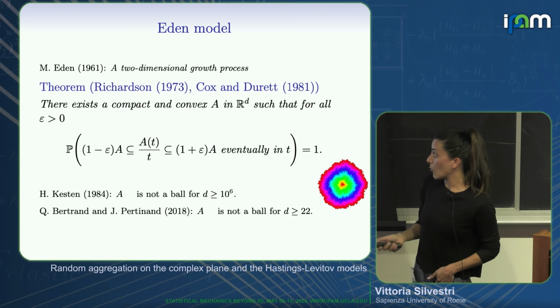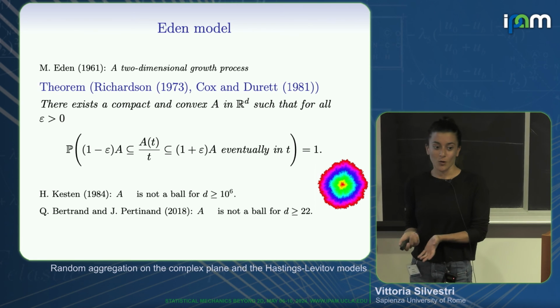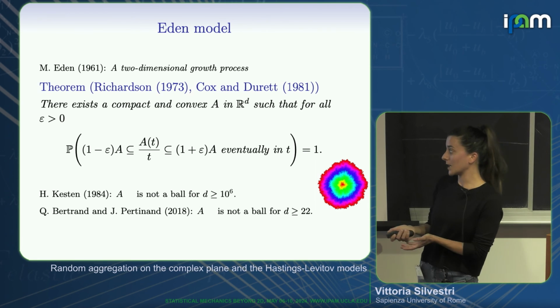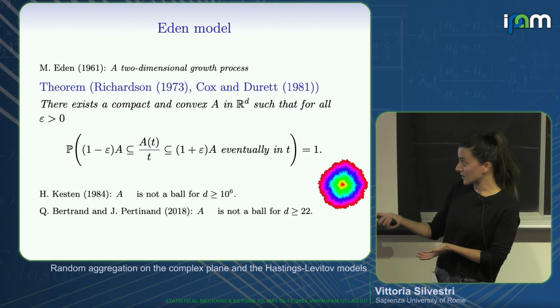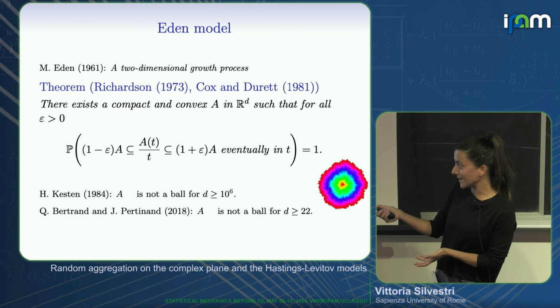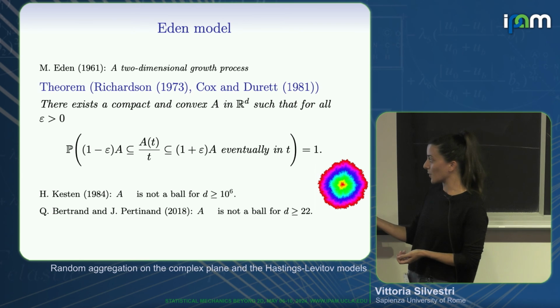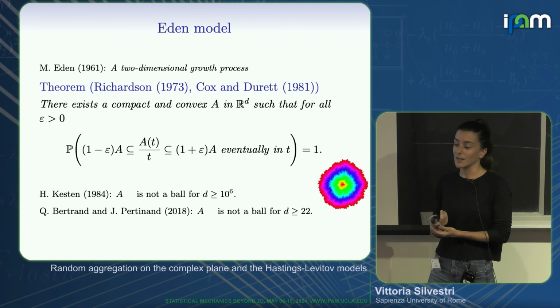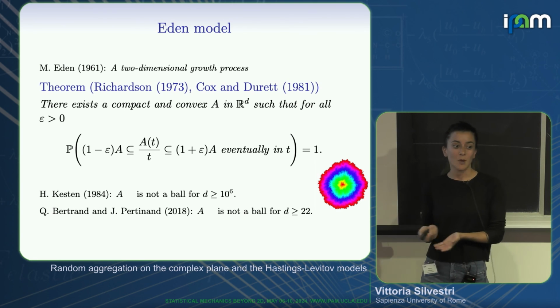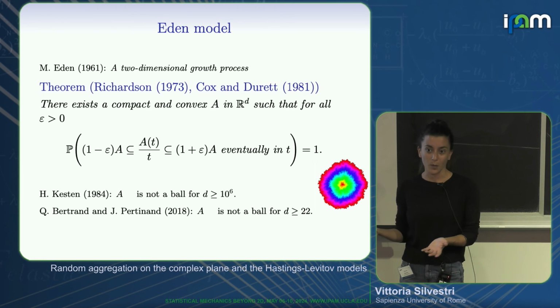One might wonder whether this shape is a disk or not, and it's known that it's not a disk if the dimension is high enough. This was already proved in 1984 by Kesten for very, very high dimension, and it was improved to a lower dimension, but to determine whether the Eden clusters are disks or not in dimension, say, 2 or 3, is completely open.